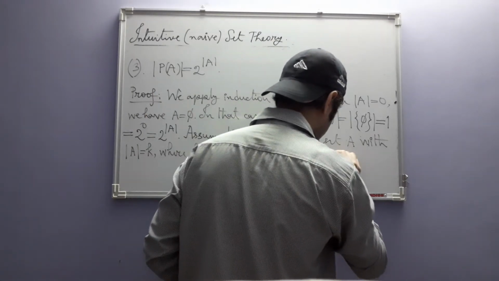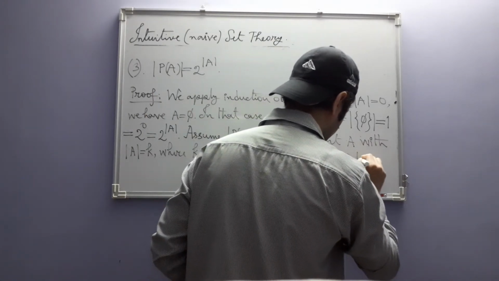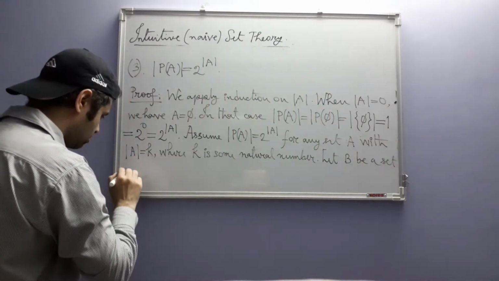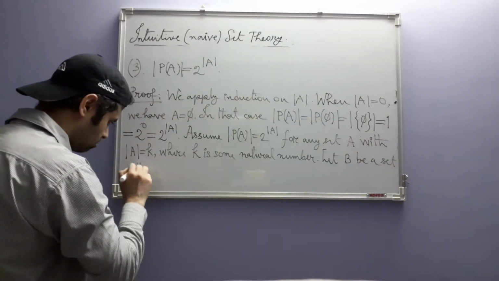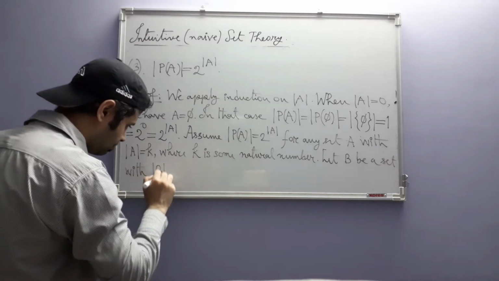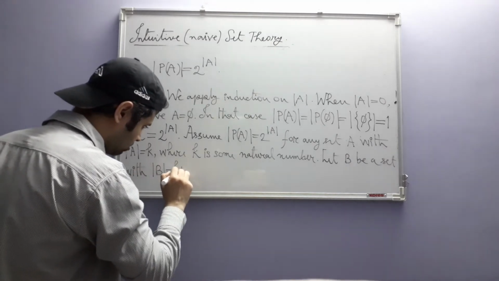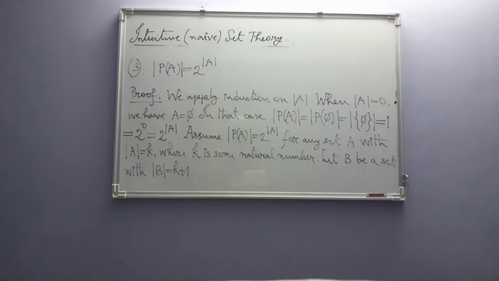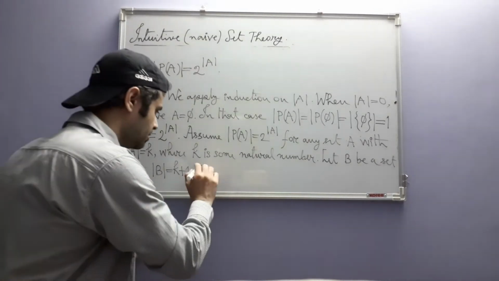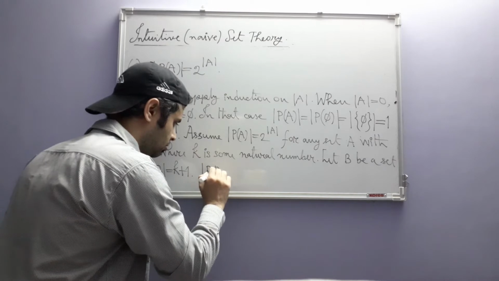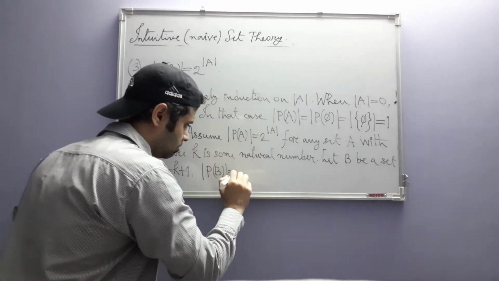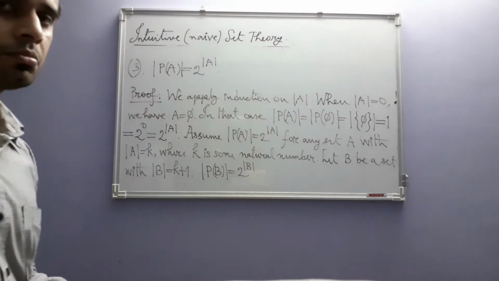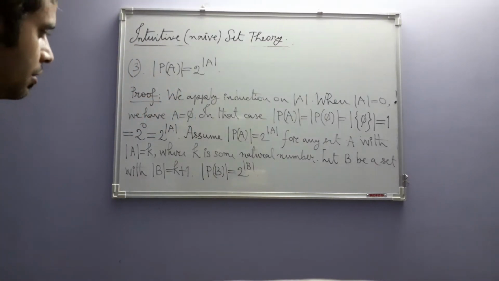Okay, let B be a set with cardinality of B equal to K plus 1. We have to prove this. This is what we have to prove.